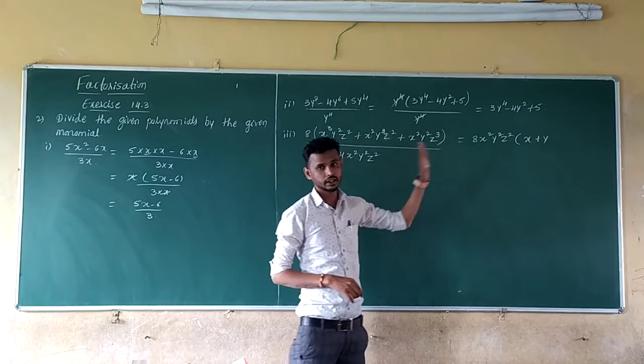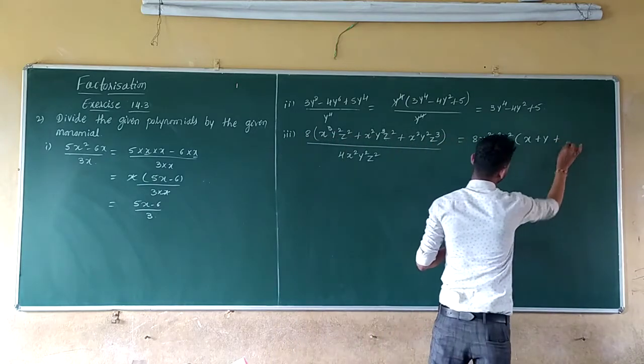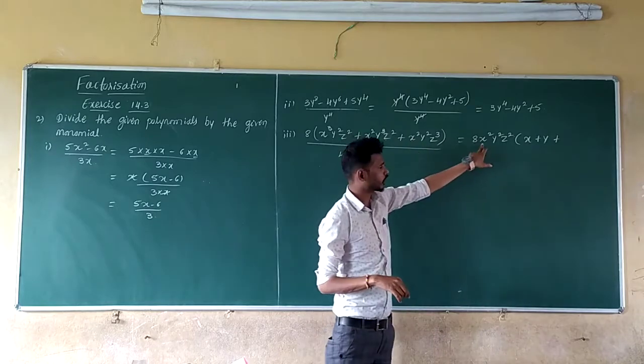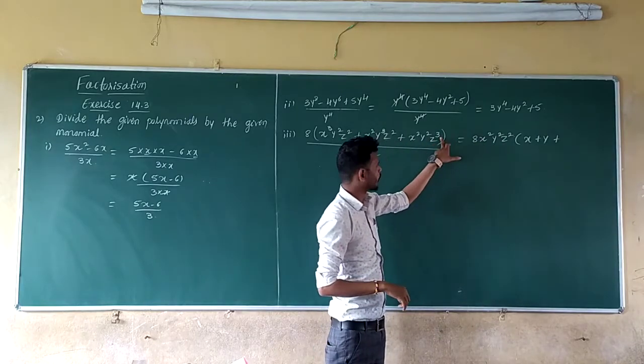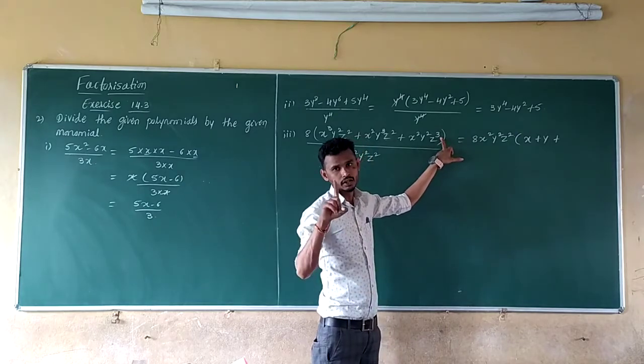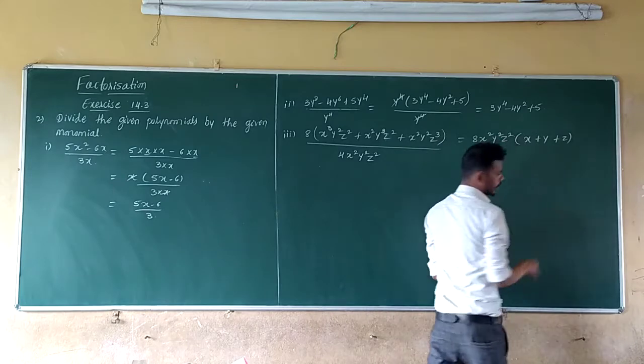So only y remains, plus. Here x square, y square, z square we have taken common. How much will remain? z raised to 1, that is z. So only z will remain here.